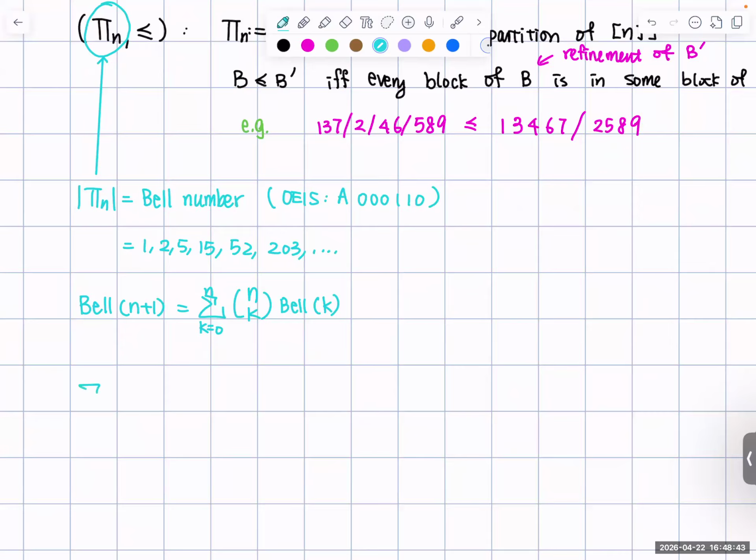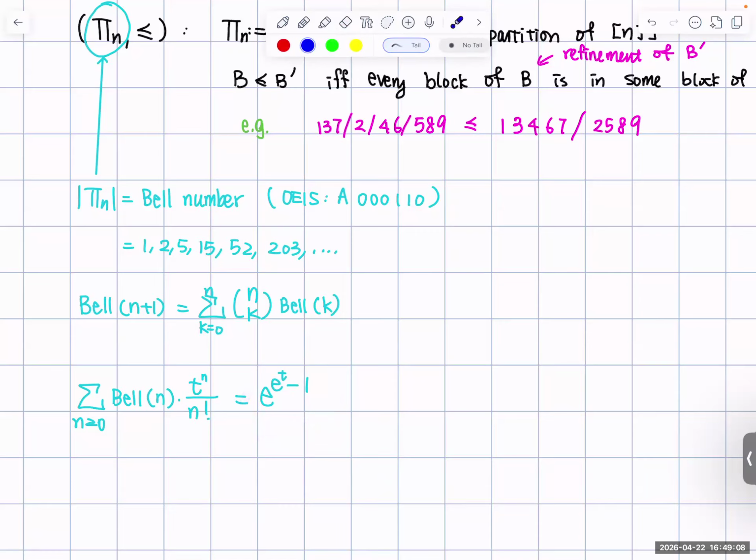And also if you look at the exponential generating function of the Bell number, the sum of Bell number of n times t to the power n over n factorial, n bigger than or equal to 1, it's actually e to the power e to the t minus 1. I may mess up with the starting index, but it does have a very nice formula here.